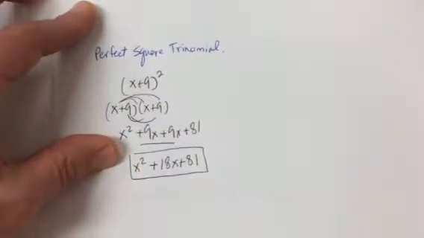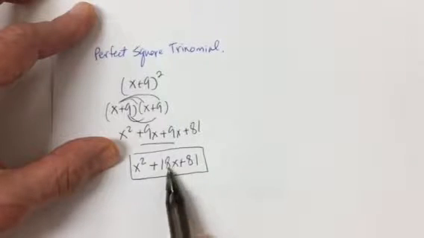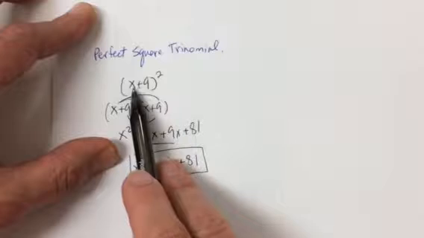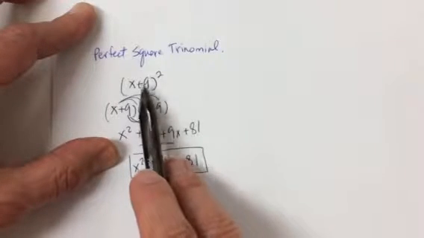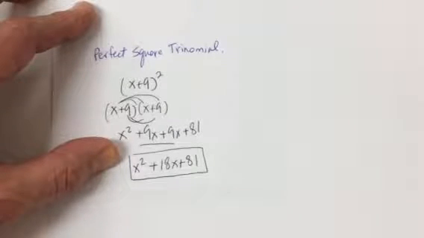This is called a perfect square trinomial. It's a trinomial because there are three terms, but also because it came from a perfect square. x plus 9 squared simplified becomes this. We'll talk more about that when we do the factoring aspect of this.